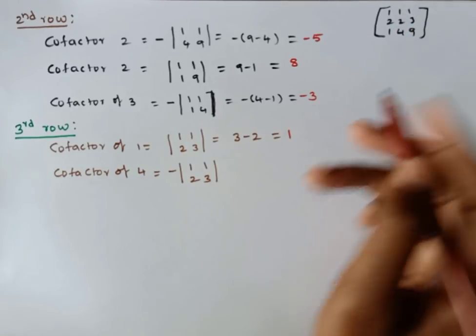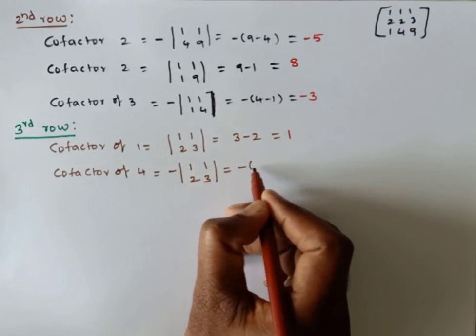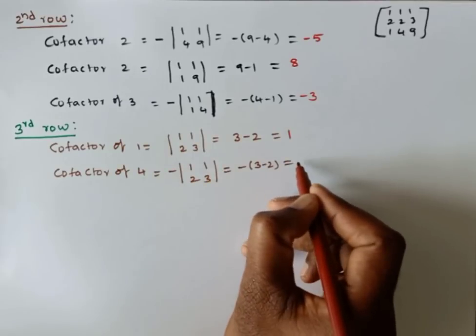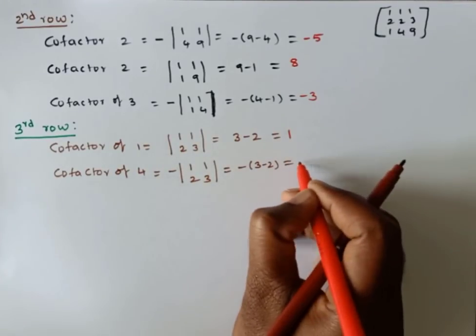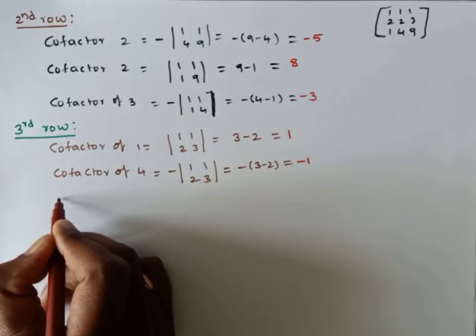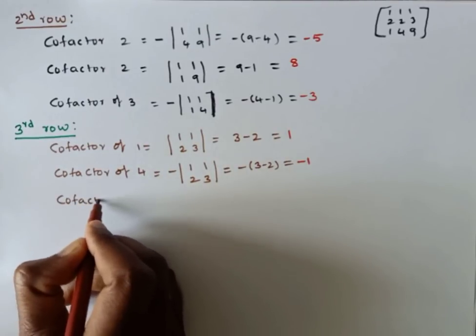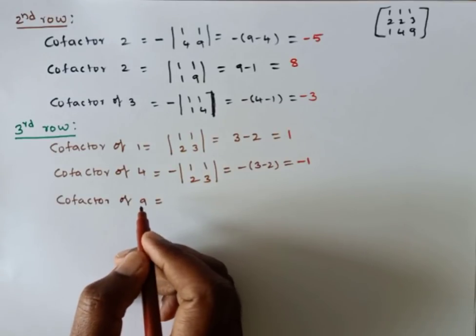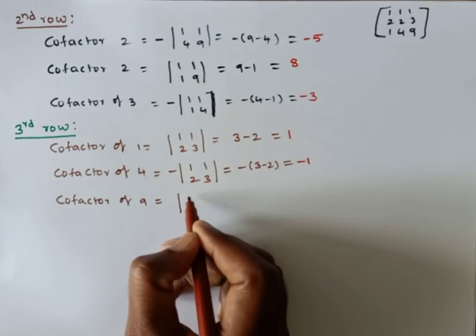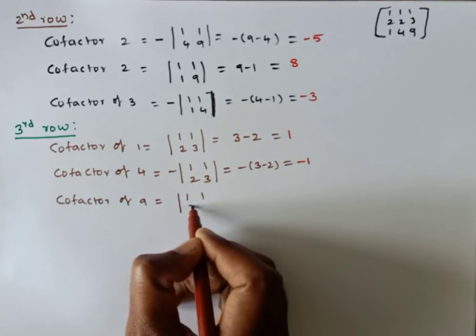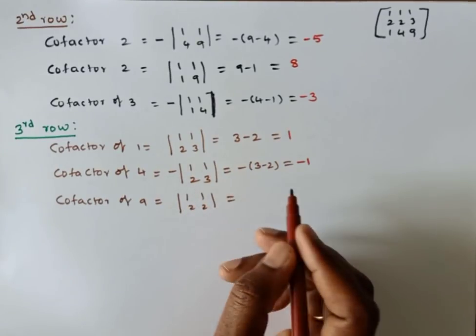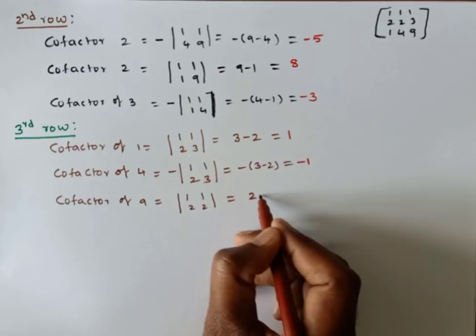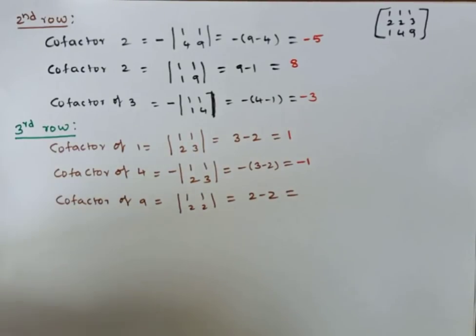This is minus of 3 minus 2, which is minus 1. And this is the last element, the cofactor of 9. It lies in the third row, third column, so the sign is positive. The remaining elements are 1 1 2 2, by deleting the third row and third column. So it is 2 minus 2, which is 0.